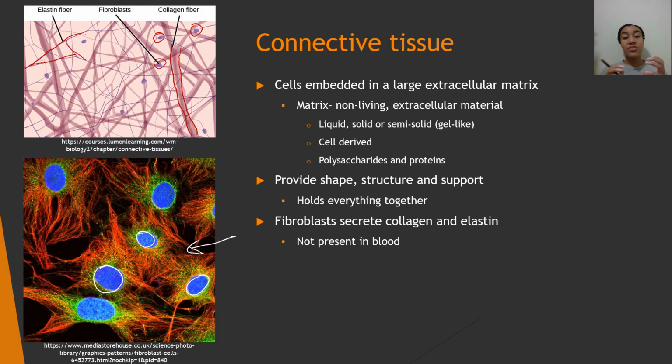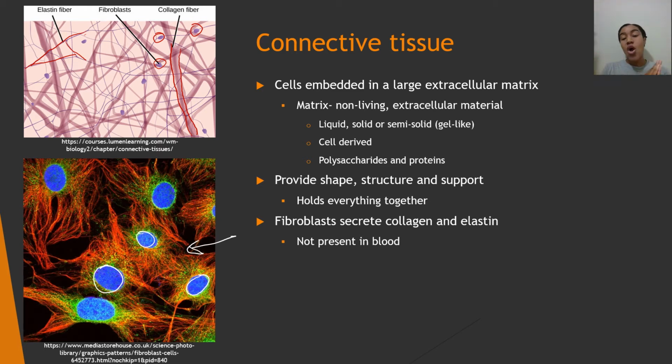And so these fibroblast cells, there aren't as many of them as you would expect, but there's such a wide variety and amount of elastin and collagen to make up that matrix. So they're kind of like the stars at making connective tissue.